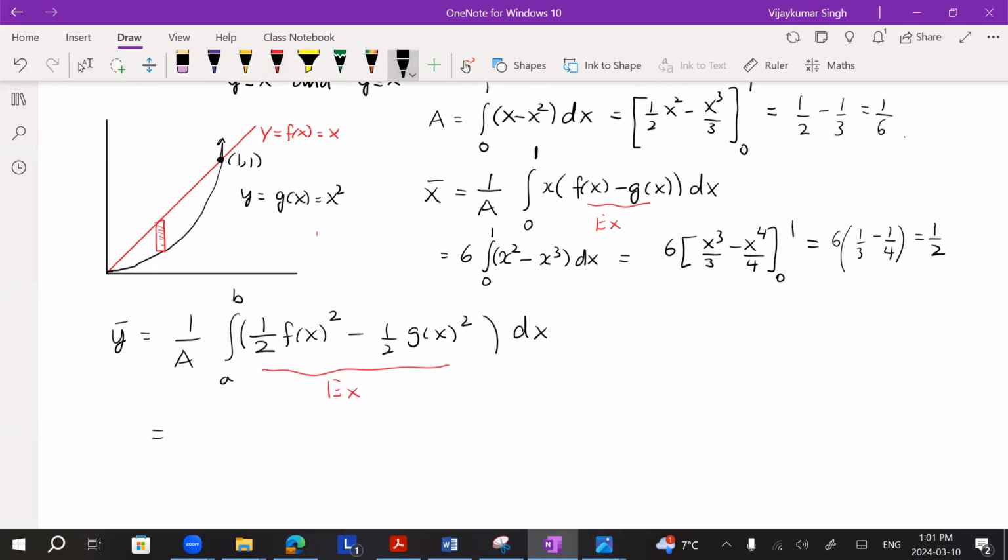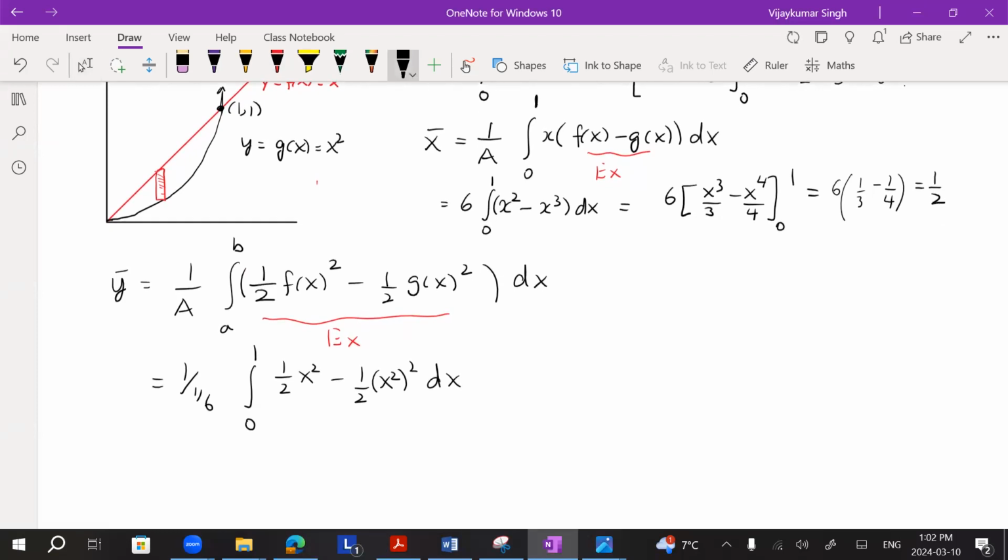So we have 1 by 1 by 6, so 6 times the integral from 0 to 1 of half x squared minus half of x squared the whole square dx, which is going to be 6 times the integral from 0 to 1 of half x squared minus half x to the power 4 dx.